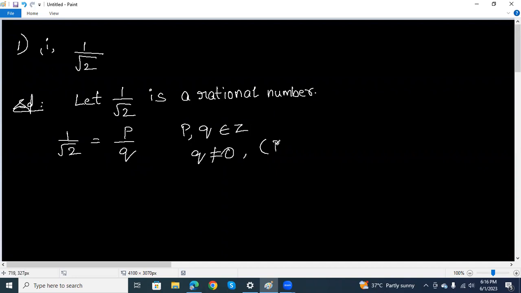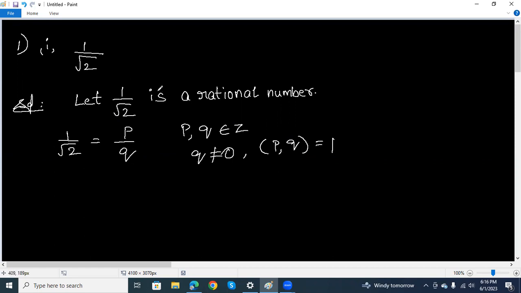Okay, and p, q are co-primes. Co-primes means these two have an HCF of 1. They should not have a common factor other than 1. Okay. So we need to be very clear about the definition of a rational number.